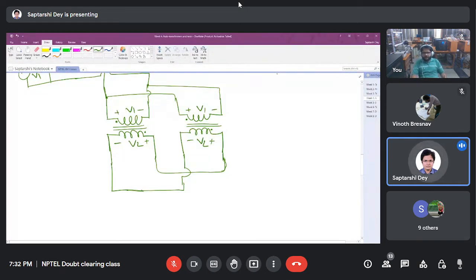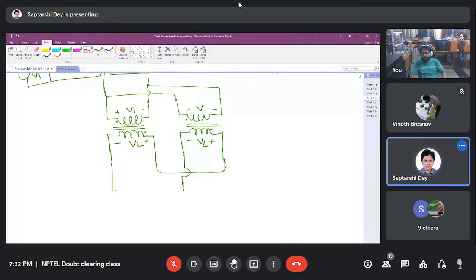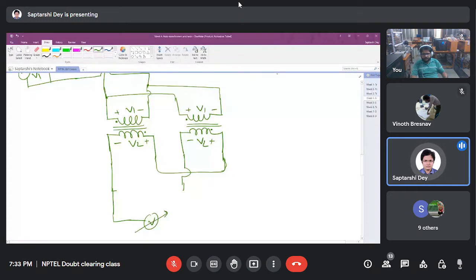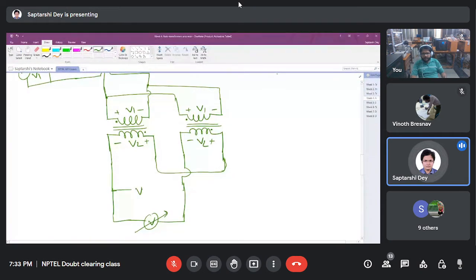Now what is done is, instead of short, no, it is not short circuited. In Sumpner test, we have a variable AC voltage source that is given by a variac. I am not drawing a variac, just a variable AC voltage source.